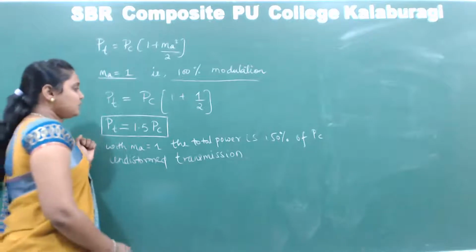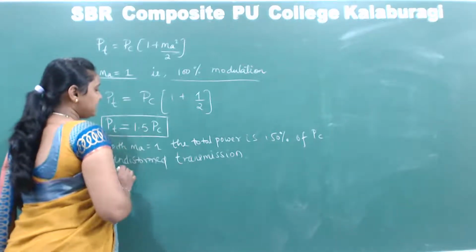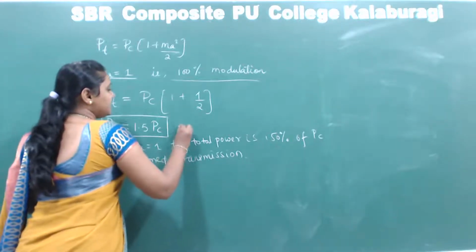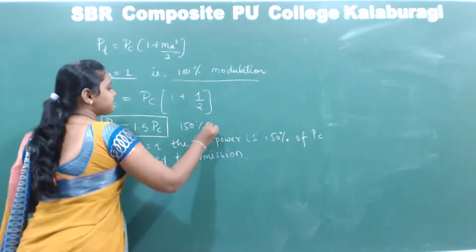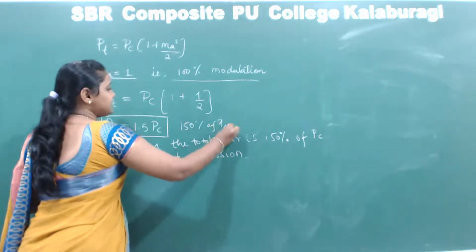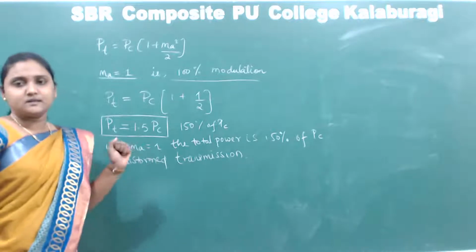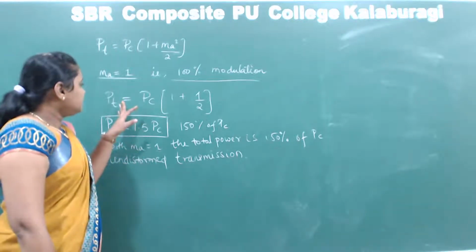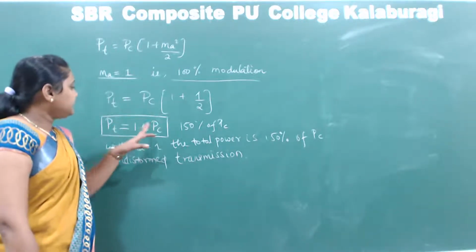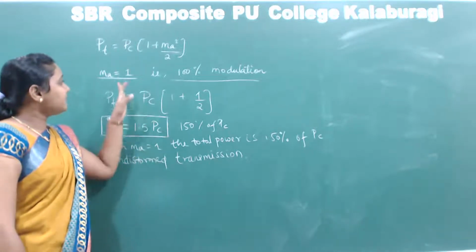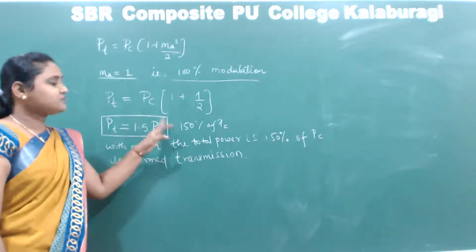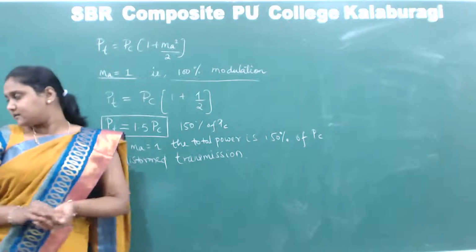In terms of percentage, if we express this, we can write it as 150% of PC. So this is the total power in terms of carrier power with MA equal to 1, which is 1.5 times of PC. Right? Next.